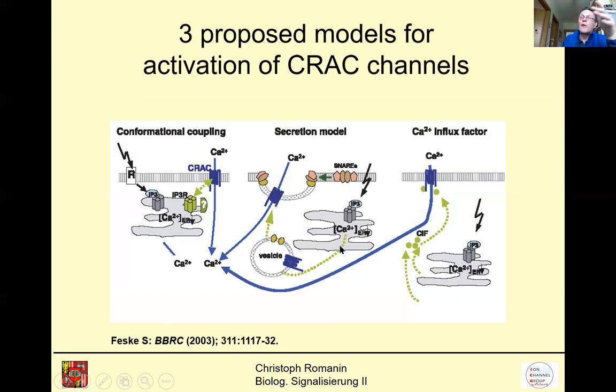When we have, at the beginning of this process, a release of calcium, this release of calcium can drive the fusion of these vesicles with the plasma membrane and lead to an insertion of CRAC channels in the plasma membrane, which has been called the secretion model.